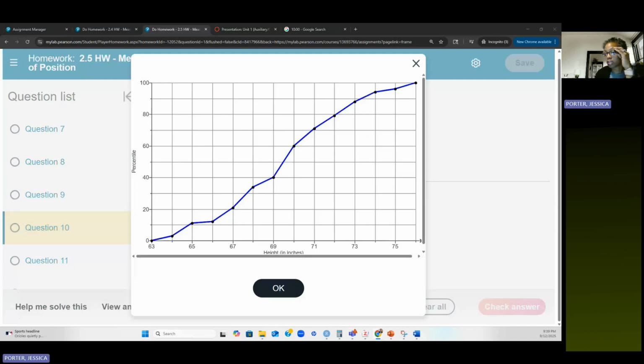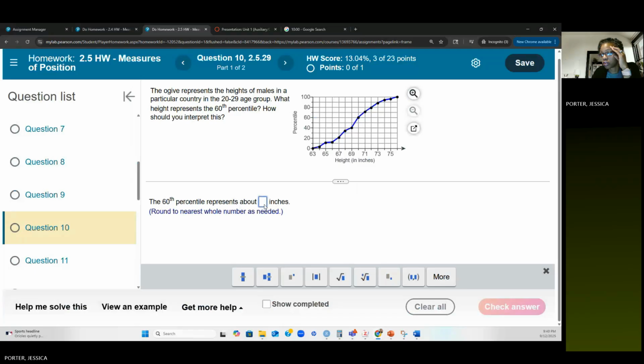About how many inches would that be? 70? Okay. Yes, 70 for the 60th percentile.